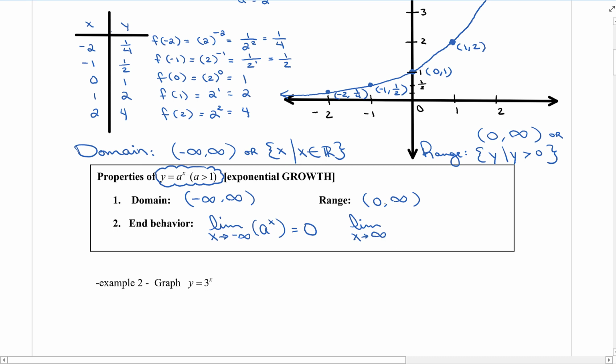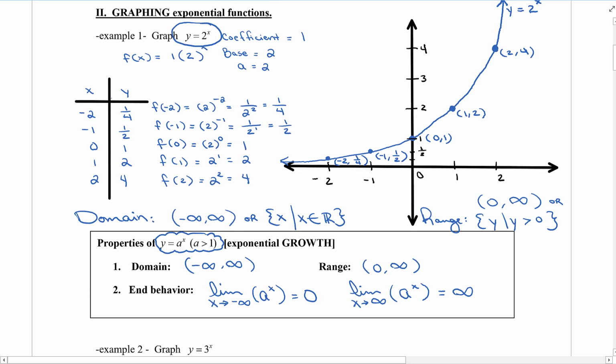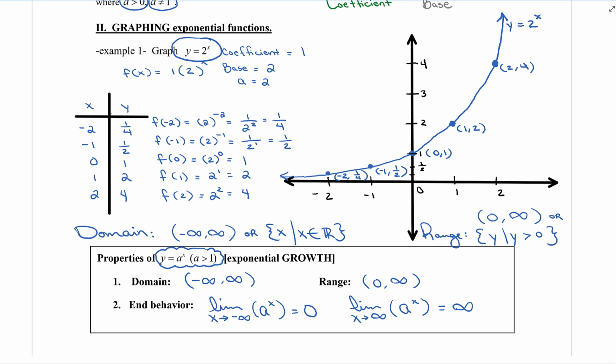So here we can see, if we look to the left-hand side where I've highlighted in yellow, what happens as x approaches -infinity: our function gets closer and closer to the value of 0. And I've highlighted in green what happens as x approaches positive infinity: our function also approaches infinity.